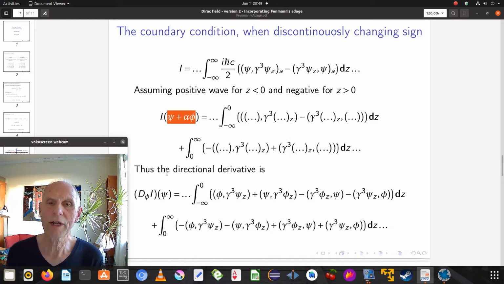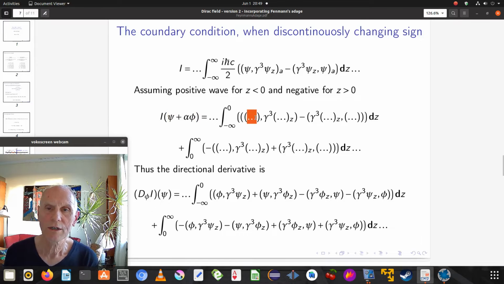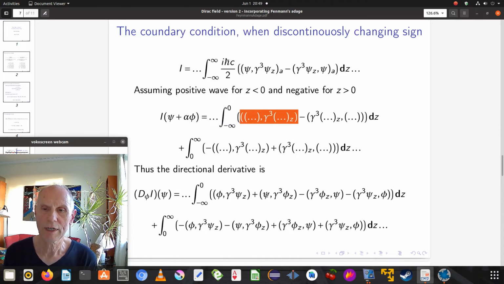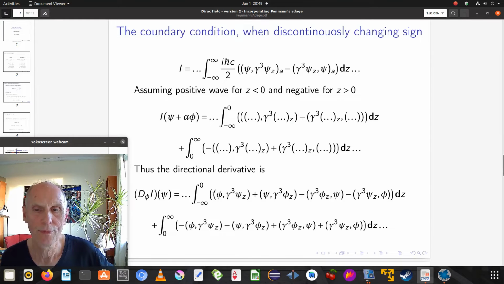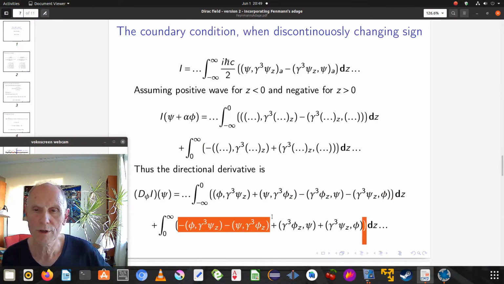And you know the drill by now. The directional derivative comes out like this. This one gives 2 terms, phi and psi, and psi and phi. So that's from the first. This one yields this one, etc.